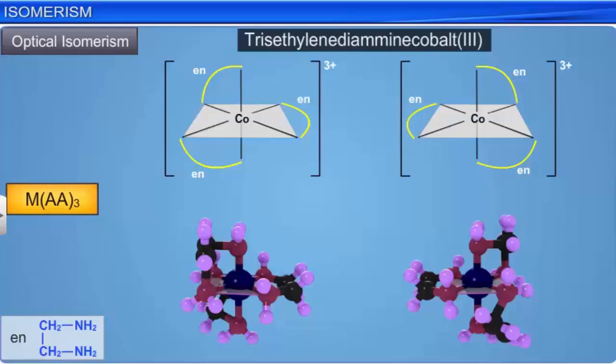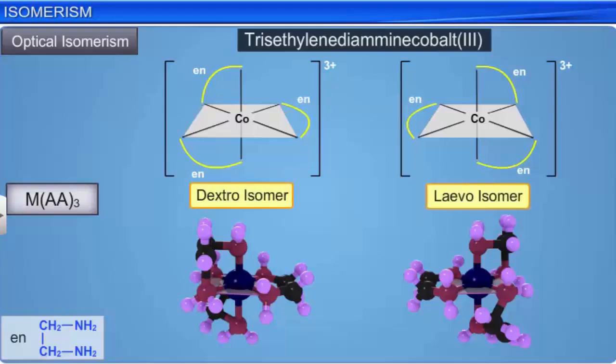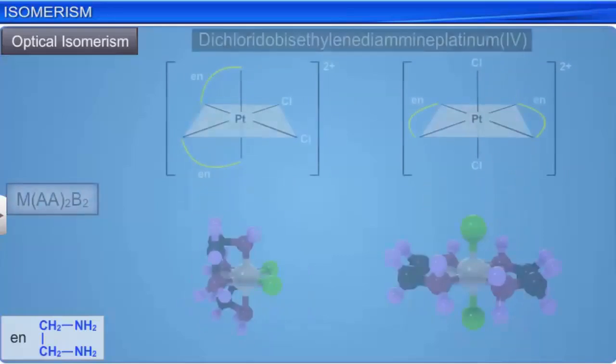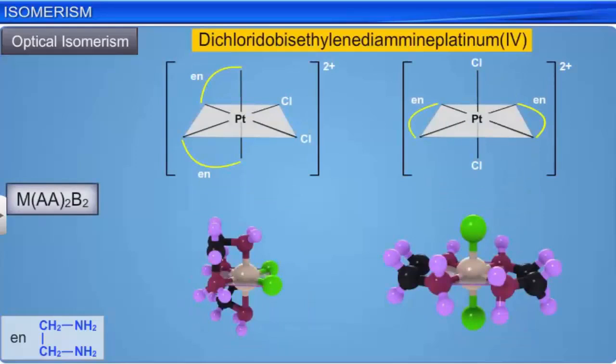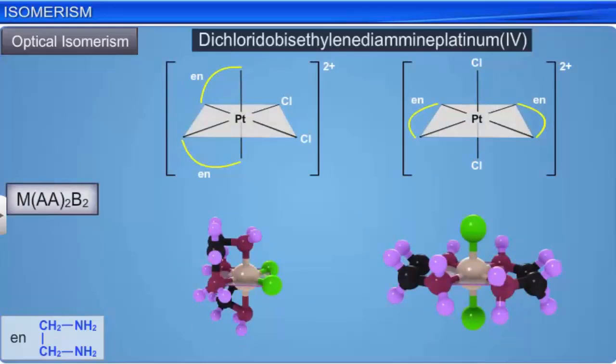Dichlorido-bis-ethylenediamine platinum(IV) is an example of an optically active coordination compound of the type MAA2B2 containing both monodentate and symmetrical bidentate ligands. Note that only the cis isomer of this complex shows optical activity. Its trans isomer shown here is optically inactive because its mirror image can be superimposed on itself.